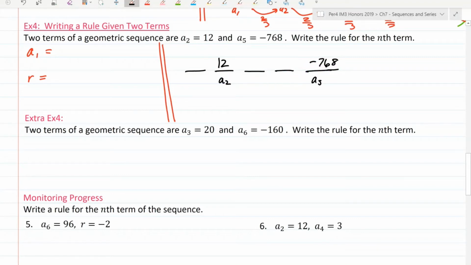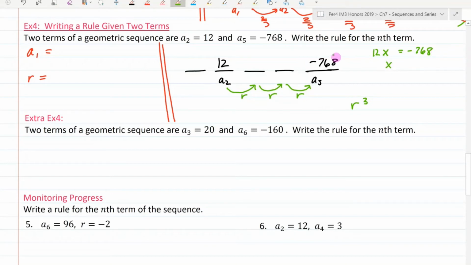Okay, so without guessing, there is another way of doing it. We're talking about ratios, and ratios are multiplication, or we're either multiplying or dividing. So we're going to be multiplying by R, multiplying by R, and multiplying by R. That means that's R to the third power, R times R times R. Now, in order to get from 12 to negative 768, you're basically saying 12 times something equals negative 768.